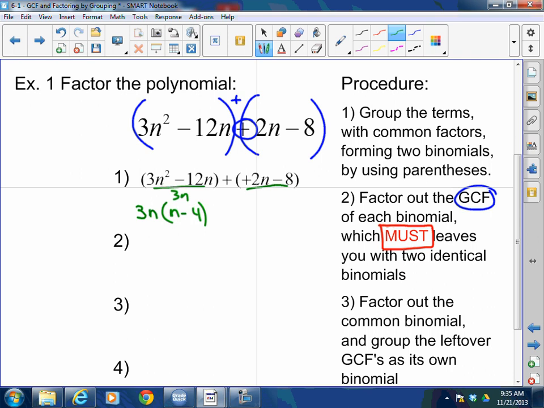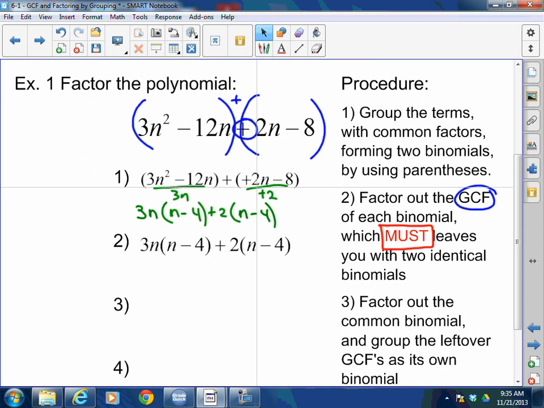From here, I can factor out a positive 2, giving me n minus 4. Does everyone see how and why I did that? Do you notice that I created 2 identical binomials?